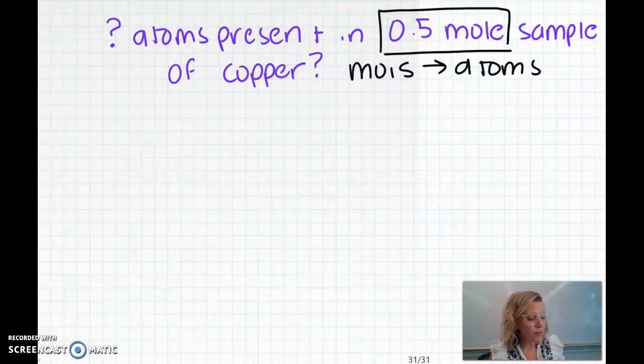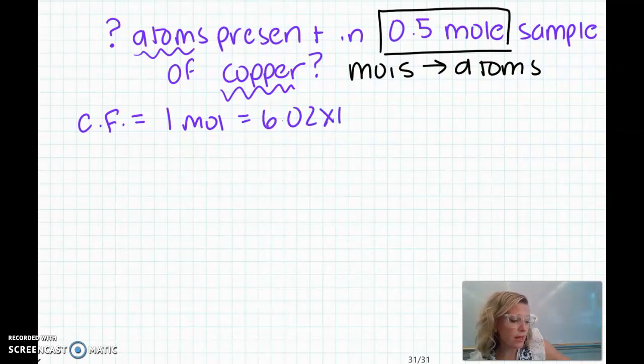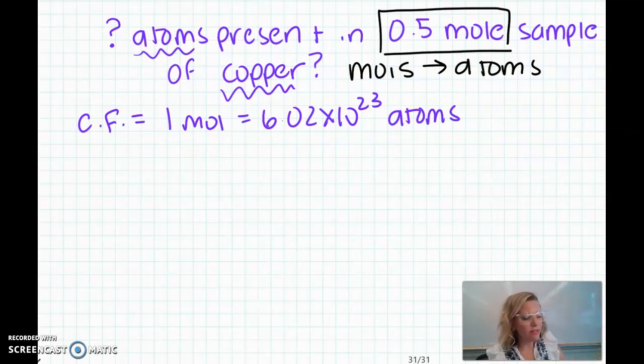We have atoms because we're talking about a sample of copper. So our conversion factor is 1 mole equals 6.02 times 10 to the 23rd atoms. Let's set this up using dimensional analysis.